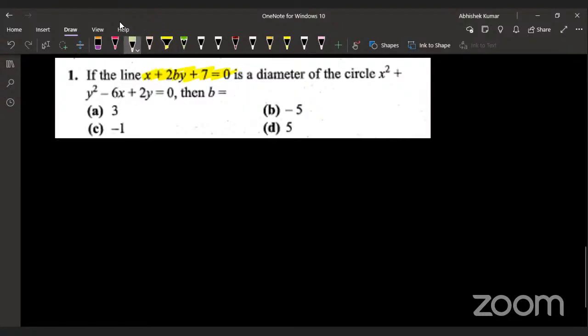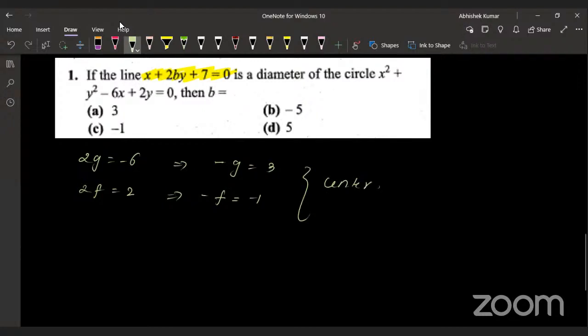And I can certainly find out the center, because the value of 2g is -6, so minus g is going to be 3. And the value of 2f is 2, so f is going to be -1. These are your center coordinates, right?